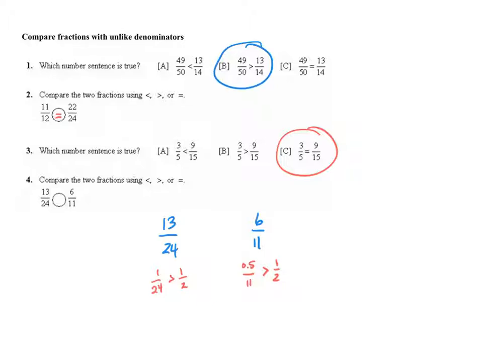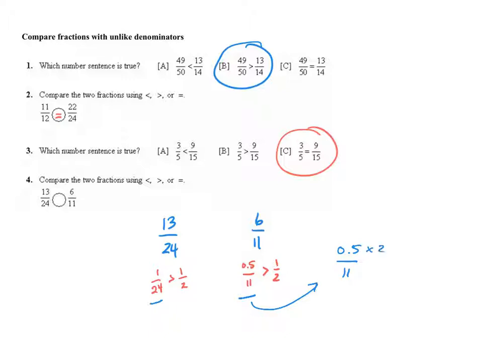So now knowing that both of these fractions are greater than 1/2, I'm simply looking for which of these parts is larger. Whichever part is larger is going to be my bigger fraction. It's very hard for me to tell at first how big 0.5 over 11 is, so I'm going to try to change 0.5 to 1 whole.